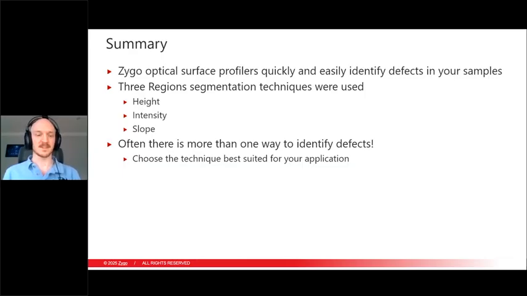And I would say the important takeaway here is that, at least for us, for defect analysis, there are many options, and there's often more than one way to perform your analysis. So it's really best to take a look at your options and at your application and choose the technique that works best for you. So we will work with you to develop this and make your process as efficient as possible.